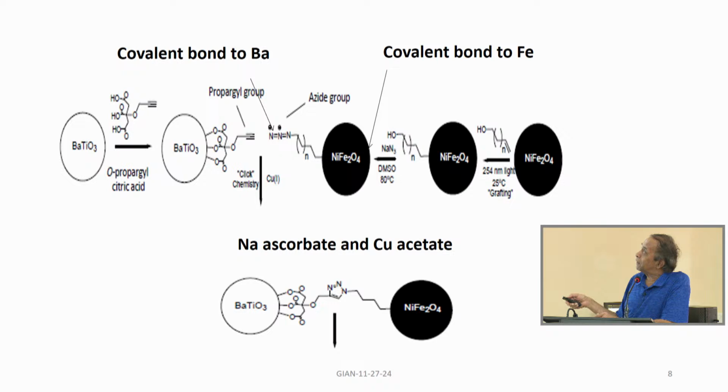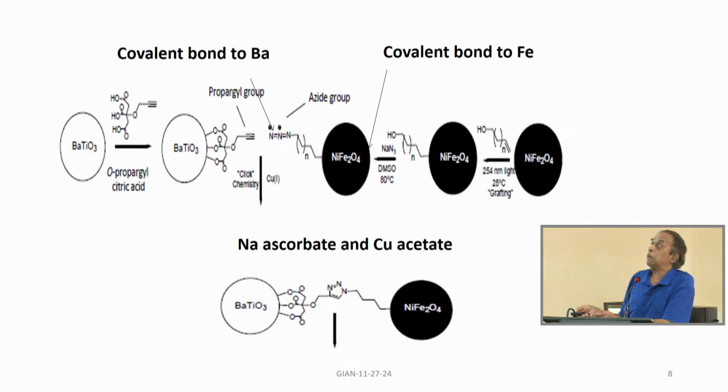Then you bring them together in the presence of a catalyst. So by the way, of the two groups, one group attaches itself to the barium in barium titanate, the other one to the iron in the nickel ferrite, and the attachment is quite strong.